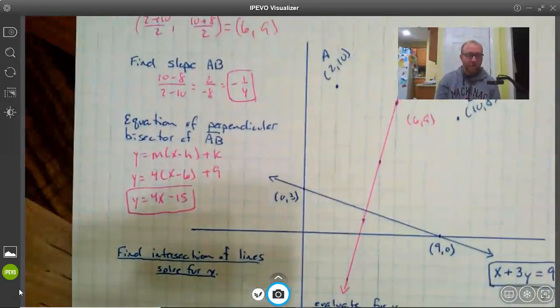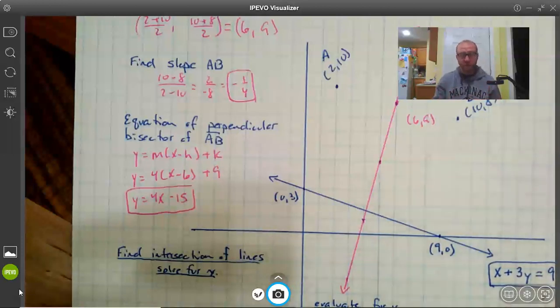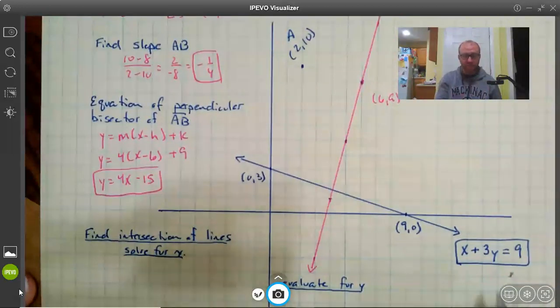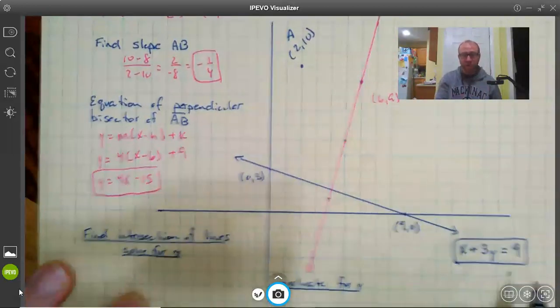To find the intersection of the two lines, we'll take the equations of these two lines, set them equal to each other, in a sense, and then find out where they intersect. Now to do that, it would be convenient if I had this in y equals mx plus b form.